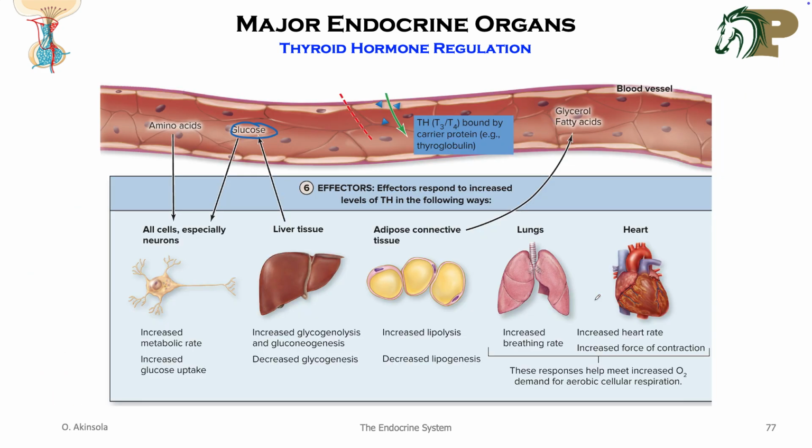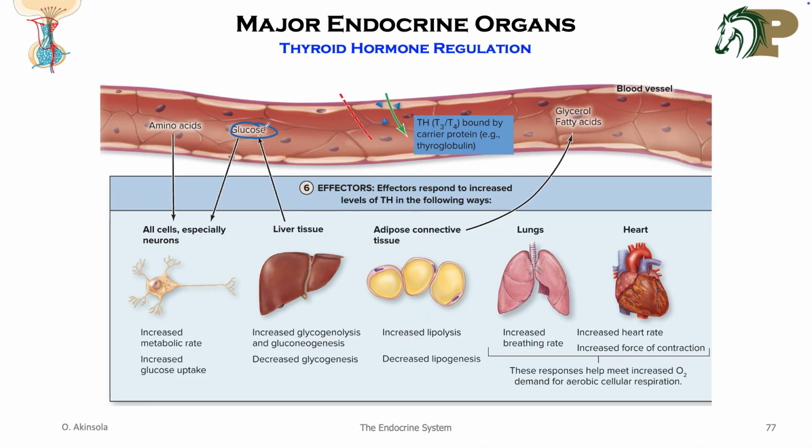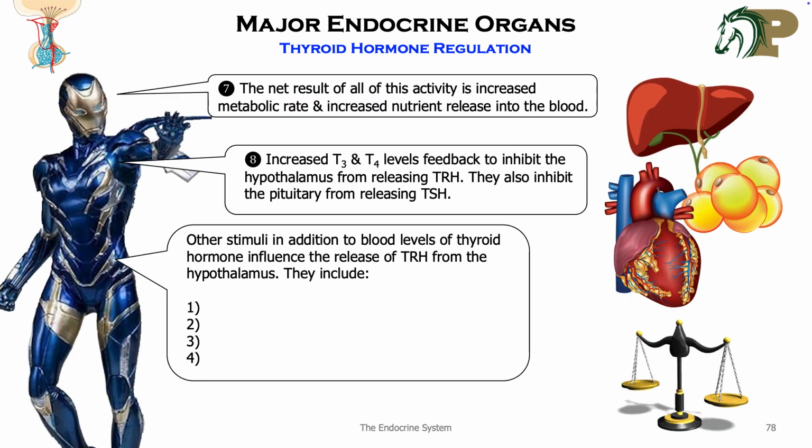Lungs: we'll have an increased breathing rate, increased heart rate, and increased force of contraction. So the net result of all of this is increased metabolic rate and increased nutrient release into the blood. Your nutrients here: glucose, glycerol, fatty acids. Those are all nutrients.